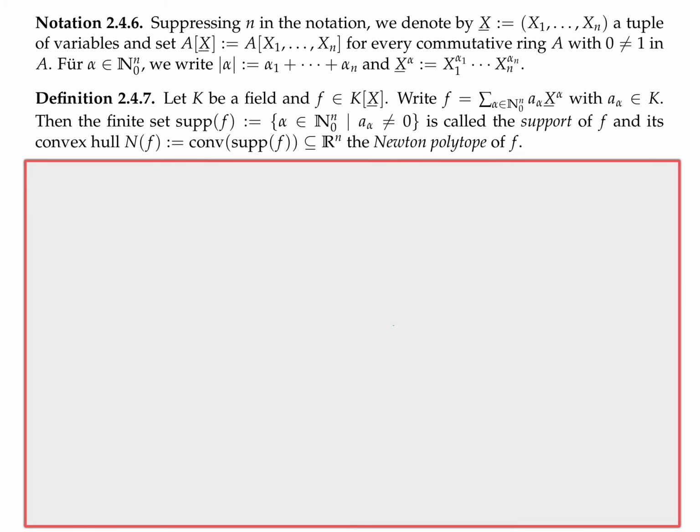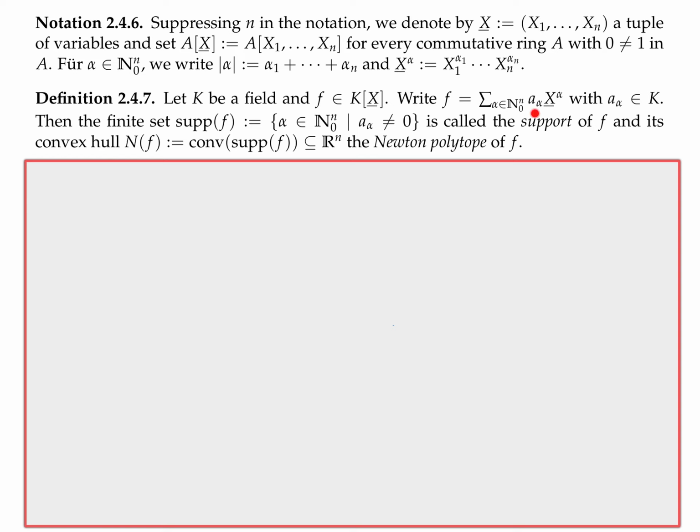So let k be a field and take a polynomial in n variables over k, and we can write that then as a sum over all n-tuples of non-negative integers alpha, a alpha x to the alpha, right? With a alpha in k.